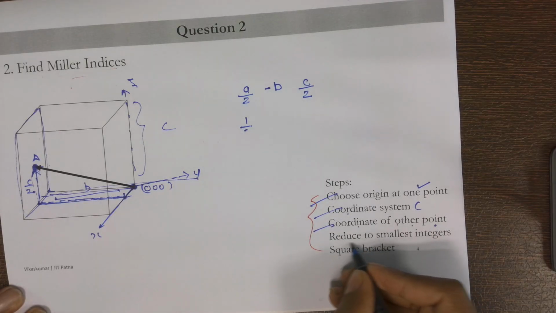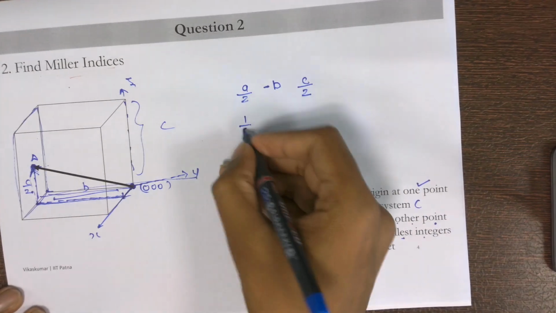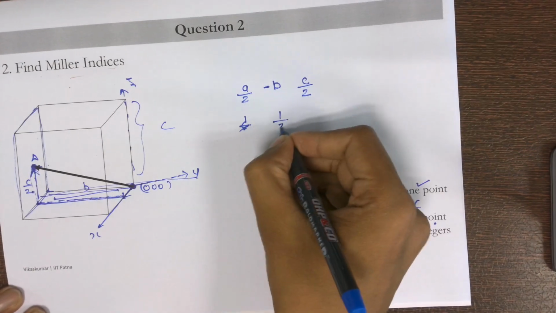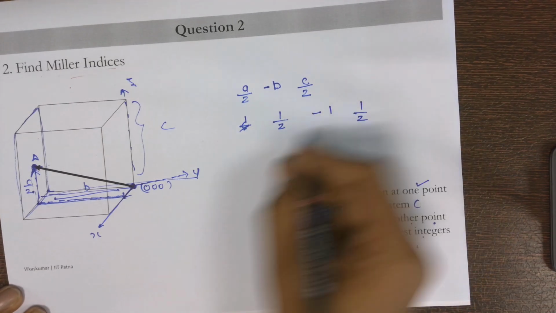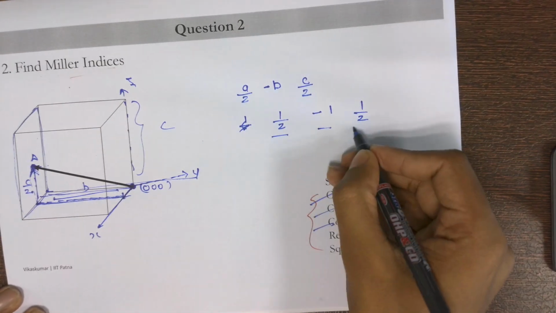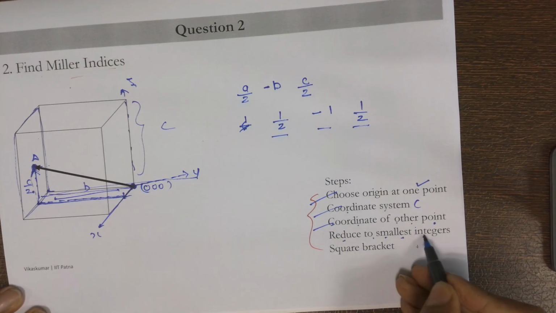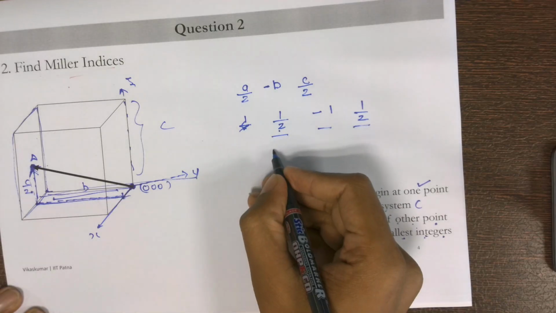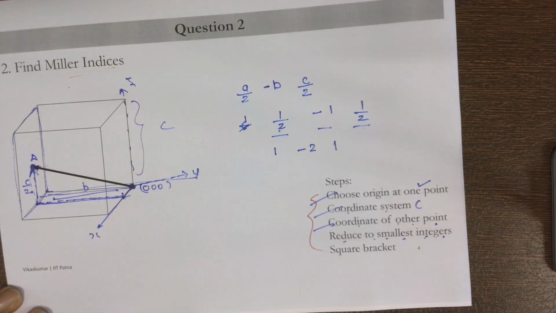Now the last step is to reduce it to the smallest integer. First of all, we got these particular points, and we remove a, b and c: 1 by 2, minus 1, and again 1 by 2. These three numbers we have to reduce to the smallest integers. We multiply the entire thing by 2, and it will be 1, minus 2 and 1.